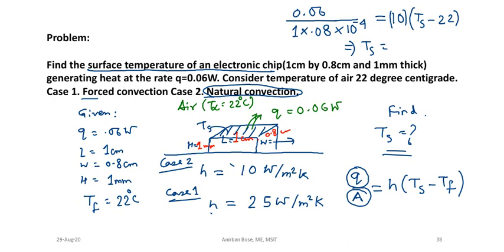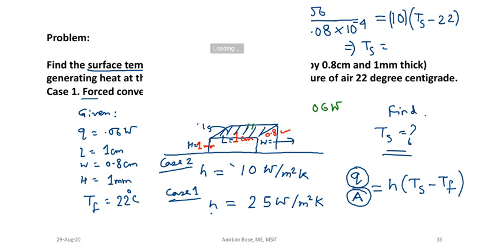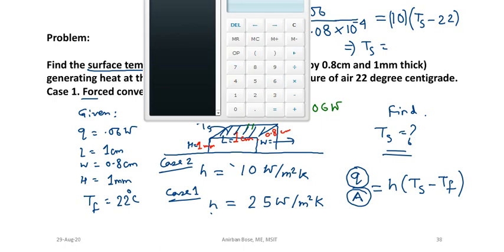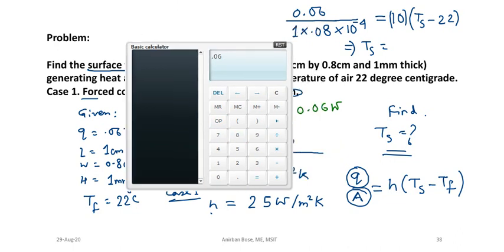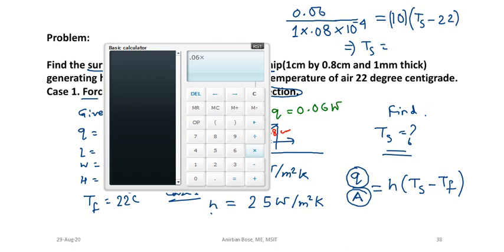Let us see, the calculator is there. 0.06 divided by 0.8 into 10 to the power 4.